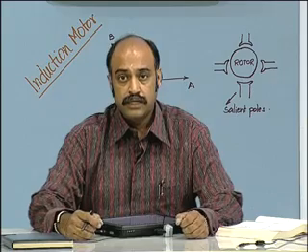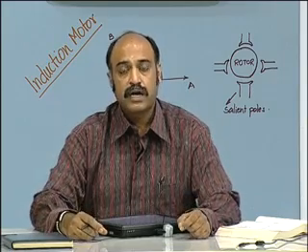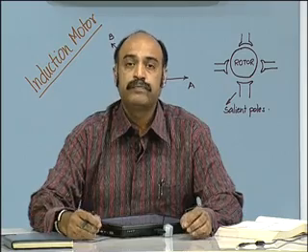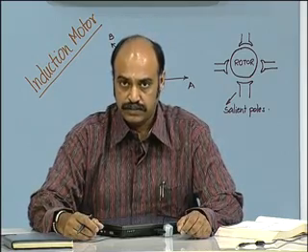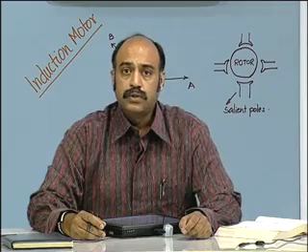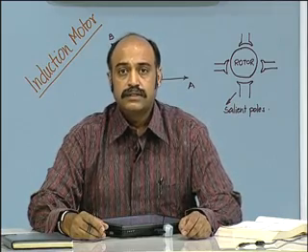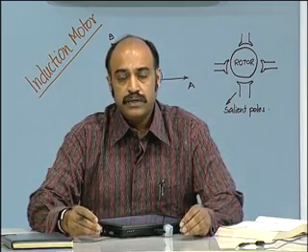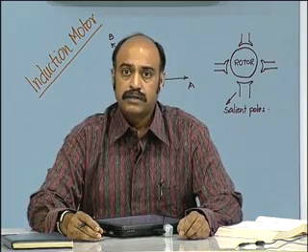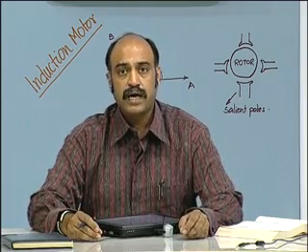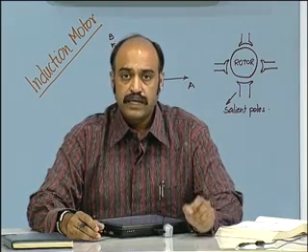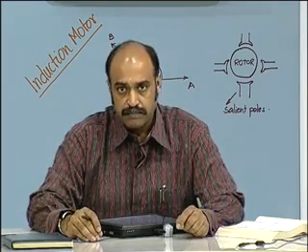But the important concept now is how do we bring about a relative motion between the field in the motor and the rotor conductors. Now, to achieve that, we use the three-phase source. In the three-phase source, we have three sources wherein they have the same effective amplitudes.